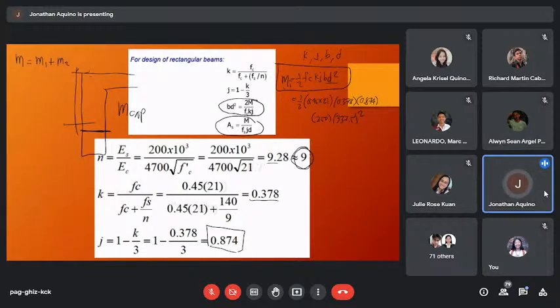So this will give a value of 0.5 times 0.45 times 21 megapascal times 0.378 times 0.874 times 250 times 337.5 squared. So this will give a moment capacity of 44.45 kilonewton meter. So can you double check kung tama yung sagot?